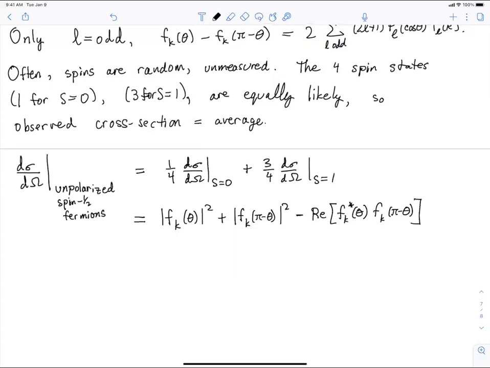The reason it's partial destructive interference is because the spin 0 part has constructive interference, just like for bosons. This has destructive interference, but there's more of them. And so you give it a minus sign, but no factor of 2.